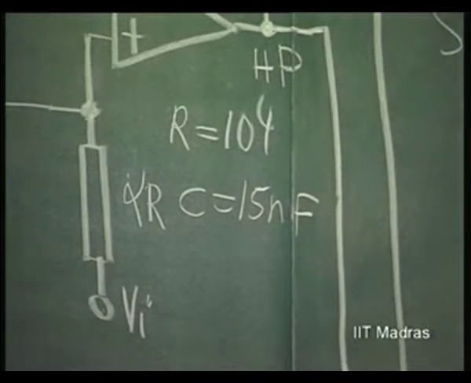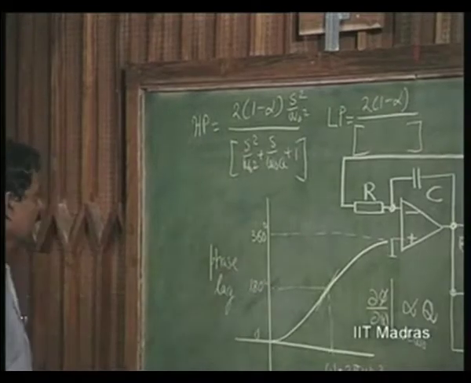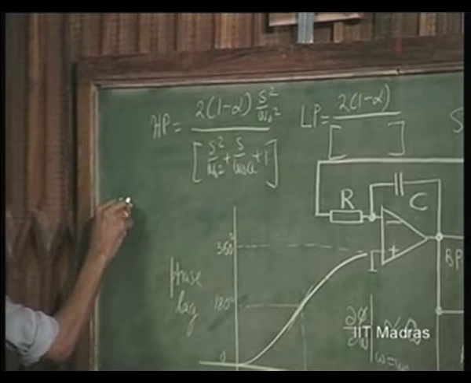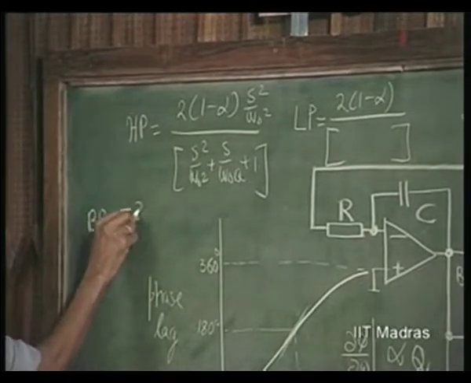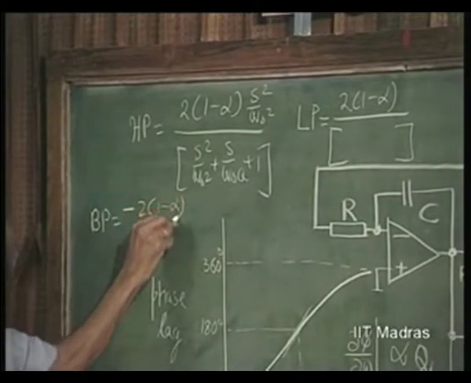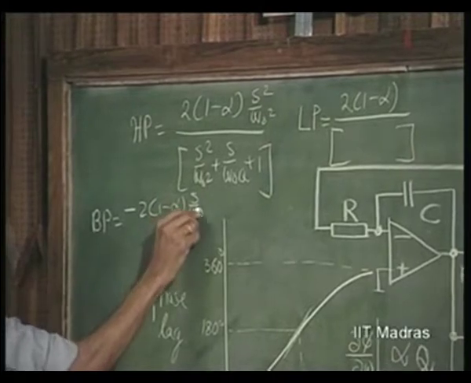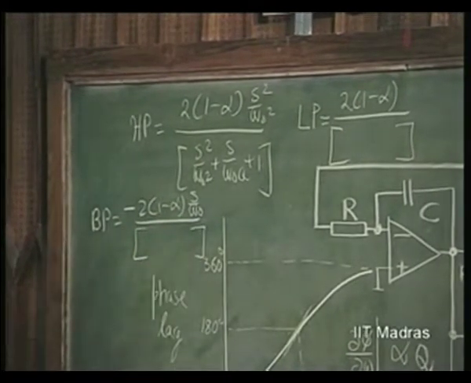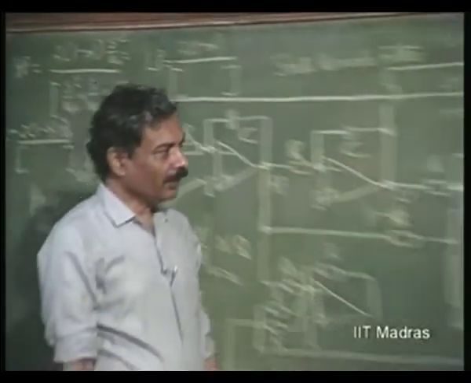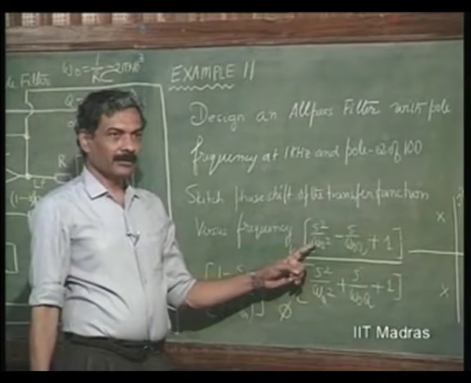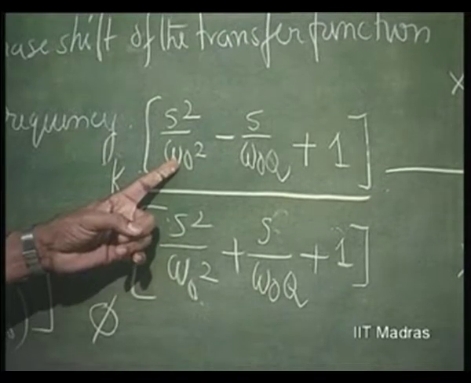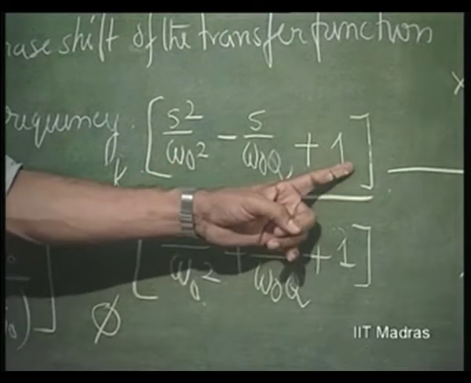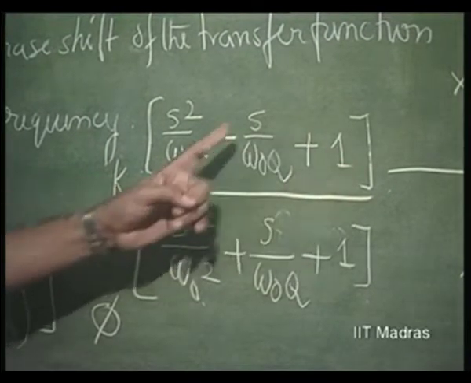So, with that, we have high pass here like this, low pass here like this, and band pass is minus 2 into (1 minus alpha) s by omega naught divided by the same denominator. So, what do I want? I want to simply add high pass with low pass and band pass.